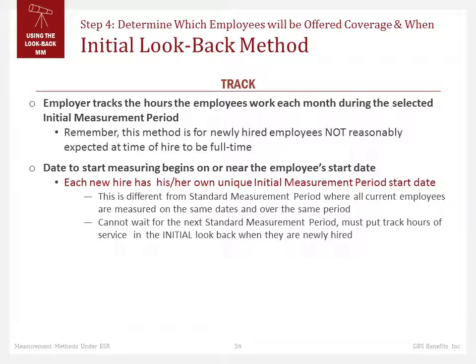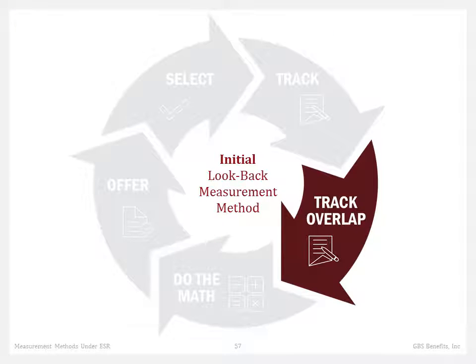So you don't wait until the standard rolls up. You start your initial immediately. This is different from the standard measurement period because all current employees are measured on the same dates over the same period every year, and these newly hired employees will eventually be in the standard, but for now they're temporarily in the initial, and you need to start tracking their hours immediately.